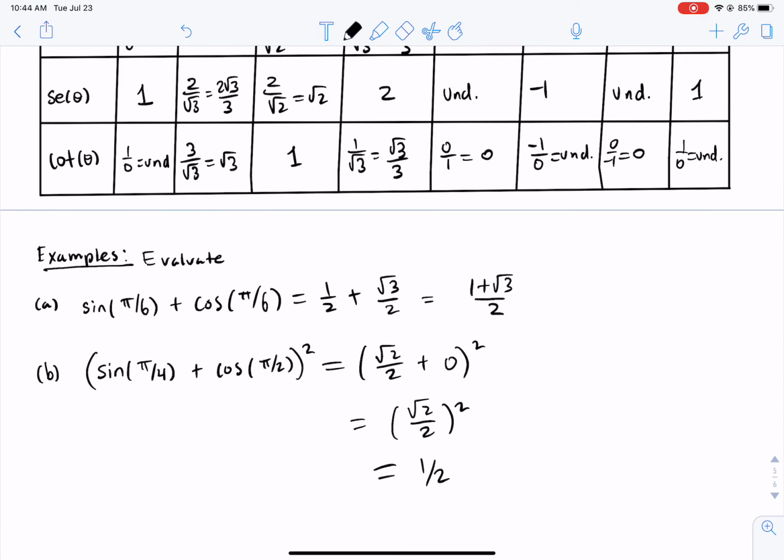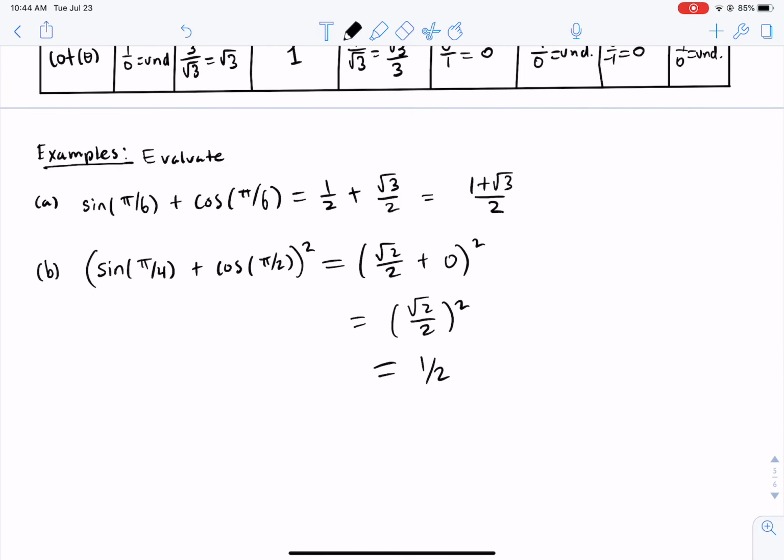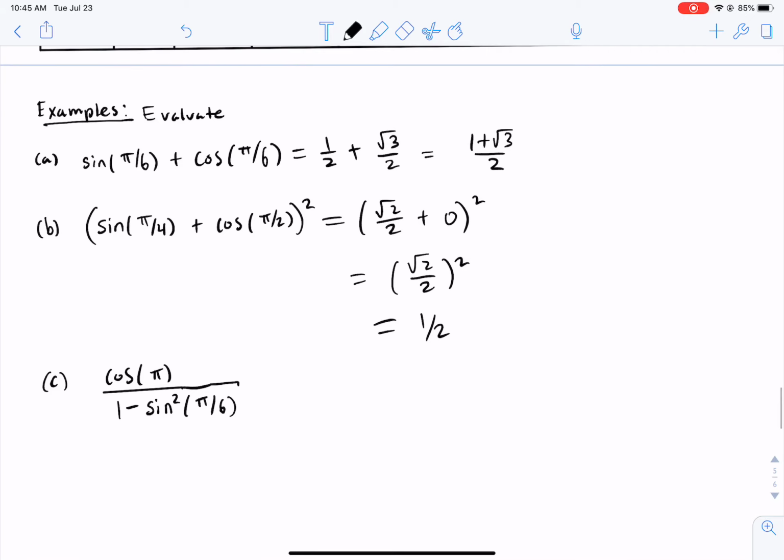Here's another one, C. Say we want to know what cosine of pi divided by 1 minus sine squared of pi over 6 is equal to.